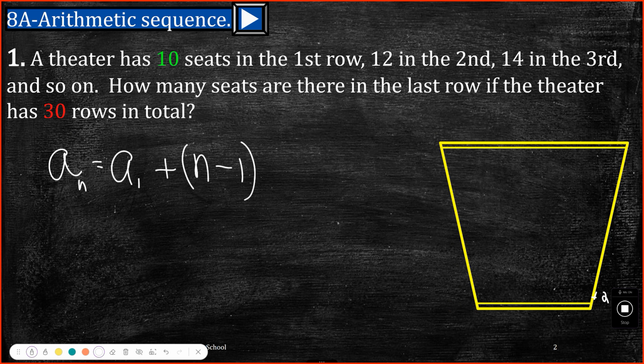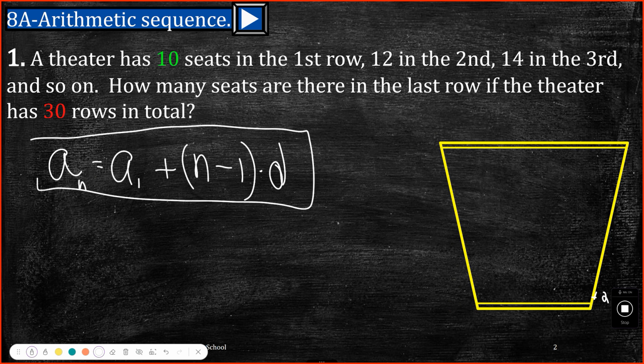So how many will be in the next row would be n subtract 1, because I already counted this one, times the common difference, whatever I'm adding. So I'm going to tell you that I came up with a formula. I'm going to put in the numbers in a minute, but this is going to work.